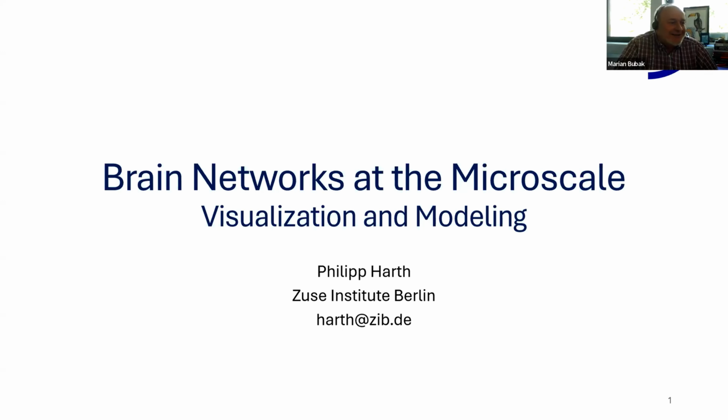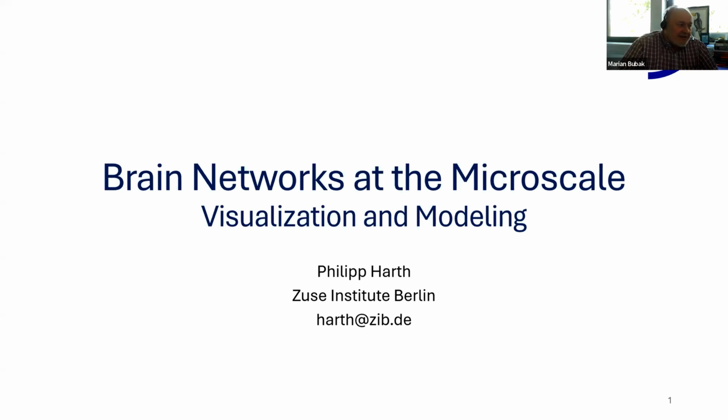Philipp has a Master of Science degree in computer science from Heidelberg University. Then he was a software developer at Carl Zeiss and Charité, which is linked with Medical University in Berlin.